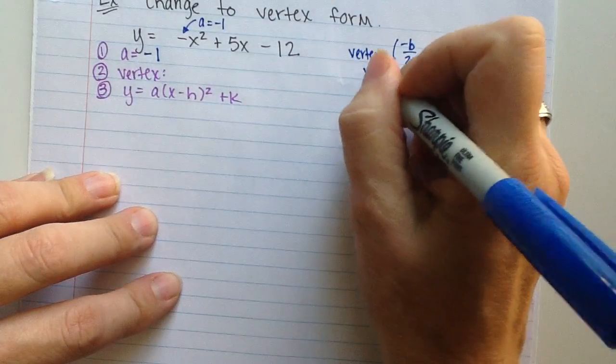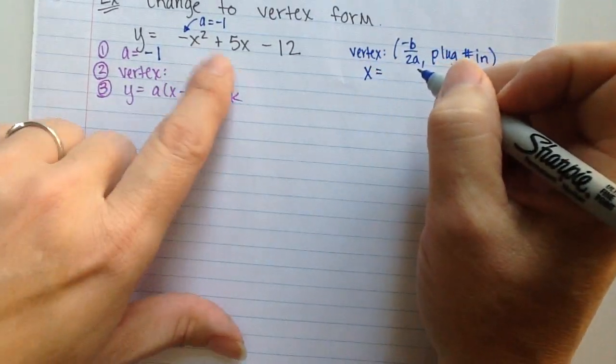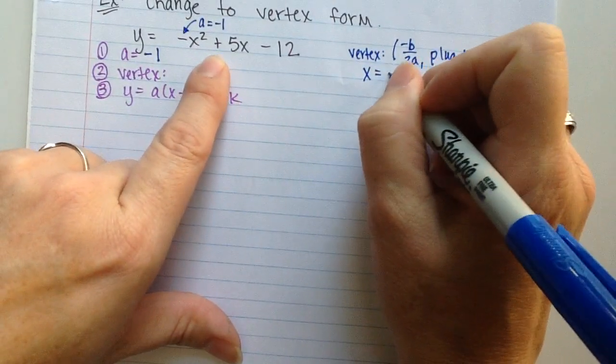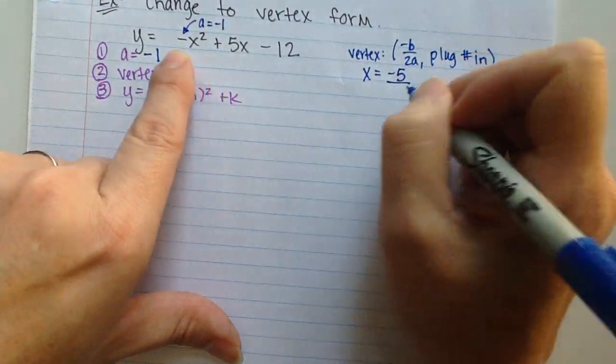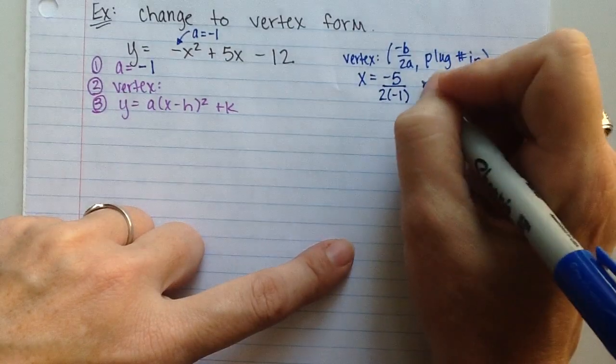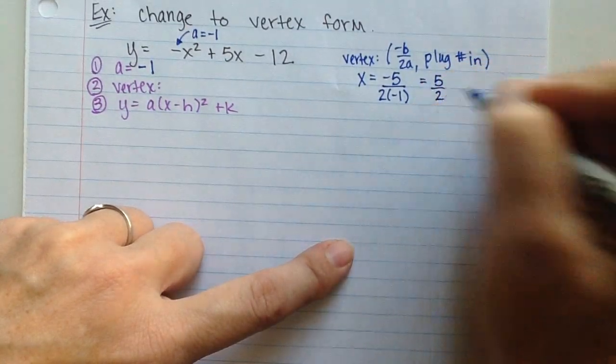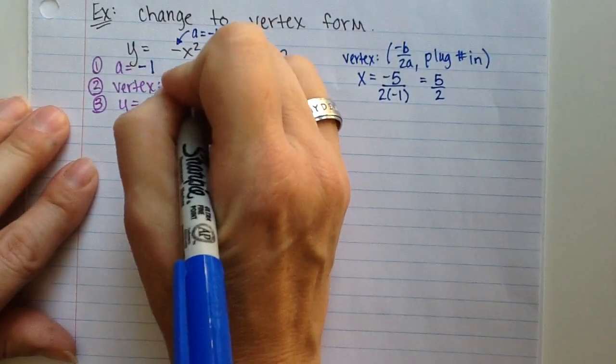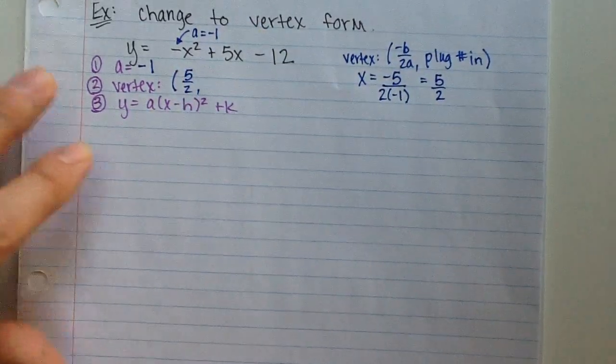So the x-coordinate of the vertex will be the opposite of b, which is 5, so negative 5, over 2 times a, which was negative 1. So the x-coordinate is 5 halves. So go ahead and write that, 5 halves.